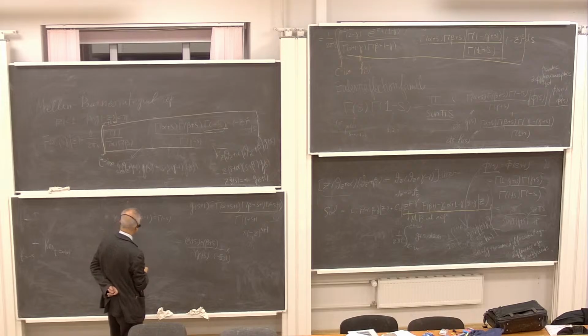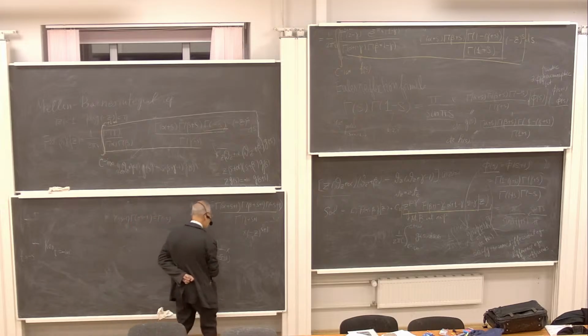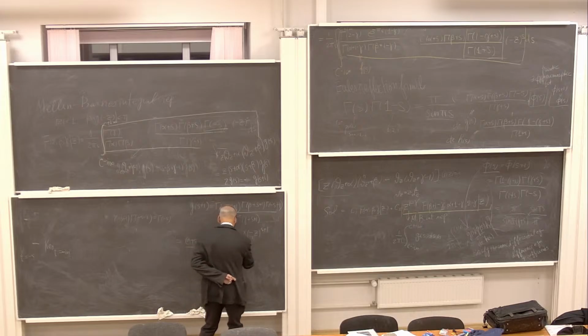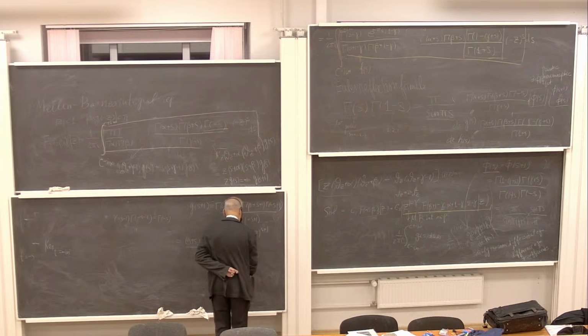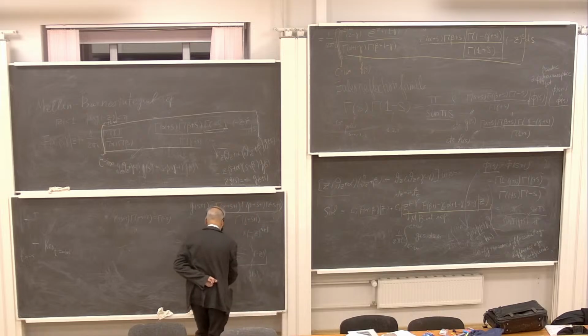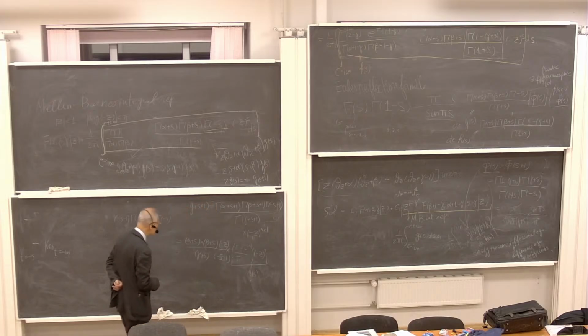And the gamma factors times minus z to the power s. This is exactly G(s) times minus z.